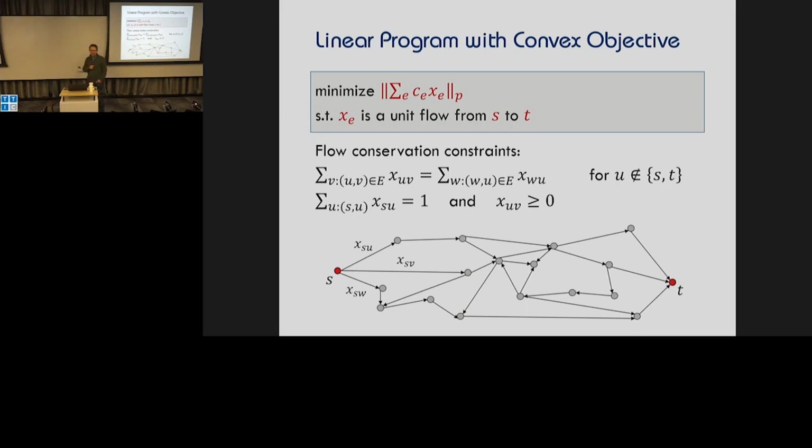So another idea is to use convex optimization. Let's write the following convex program. Of course, in a convex program, we cannot directly optimize over paths.